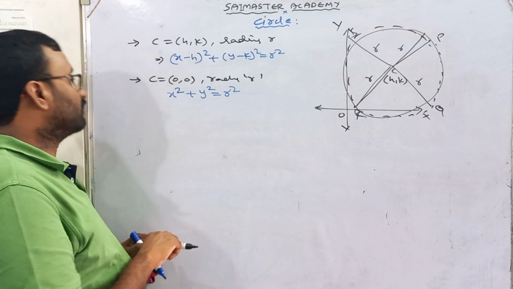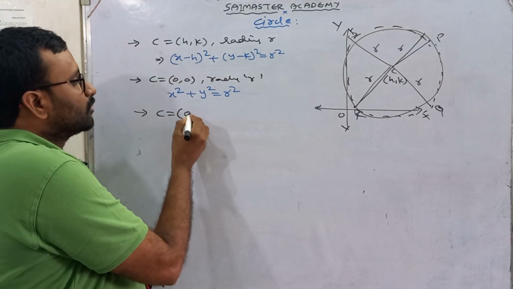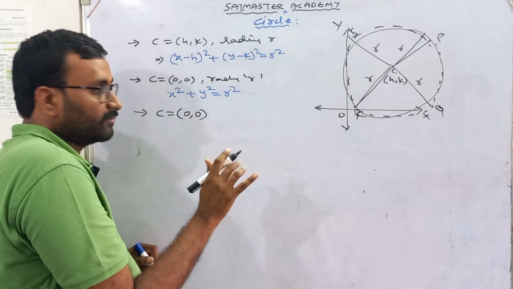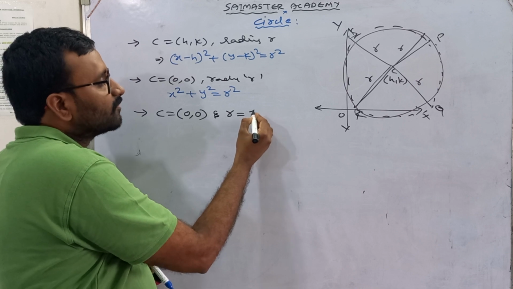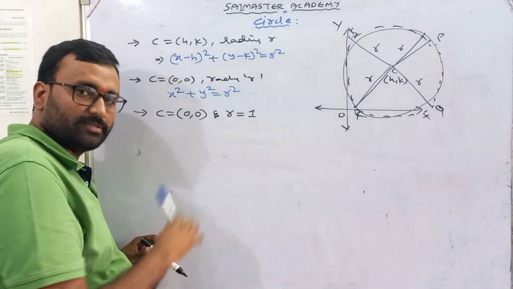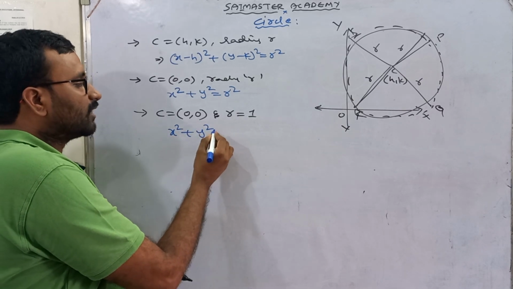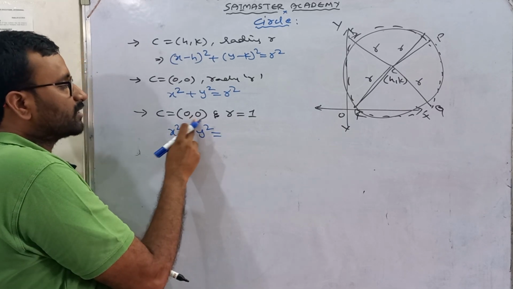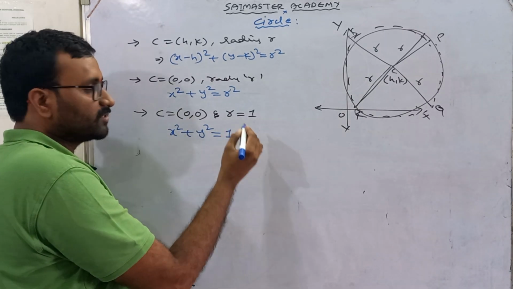Now one more circle I will give you. Center (0, 0) or (h, k), whatever it is, and radius r is 1. Radius I am taking 1. This is also a unique circle. So you can write x square plus y square equal to r square, which is 1.